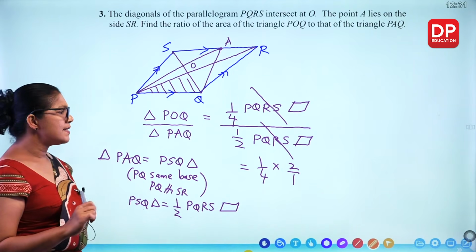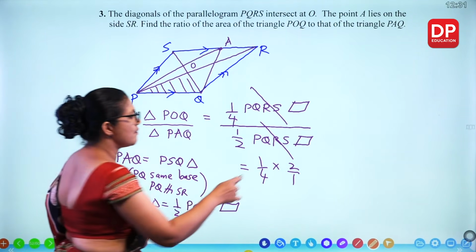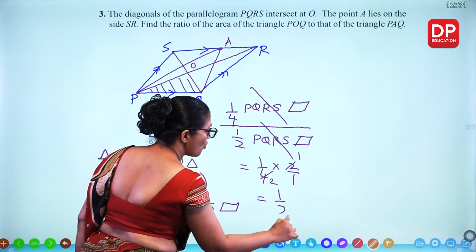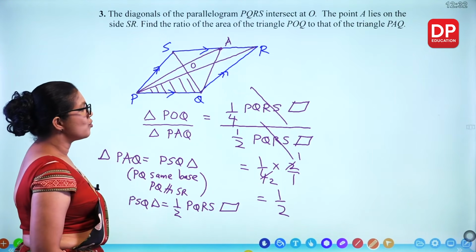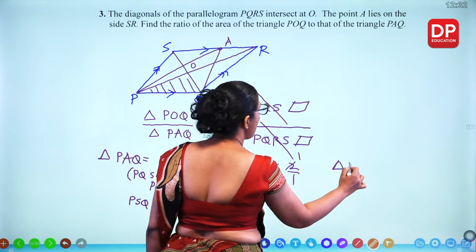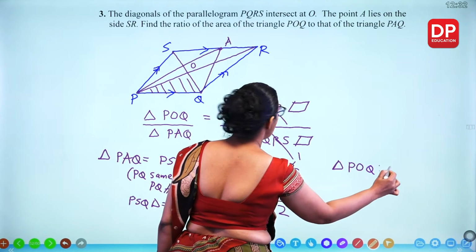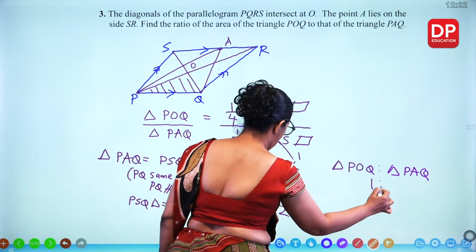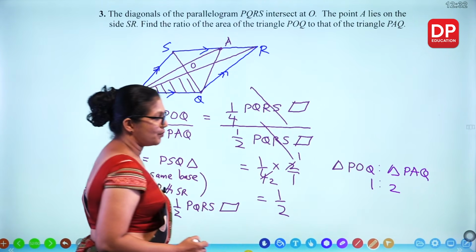Divide by half means multiply by 2/1. When you simplify, you get the ratio 1 to 2. If you want the ratio between POQ to PAQ triangle, it's 1 to 2.